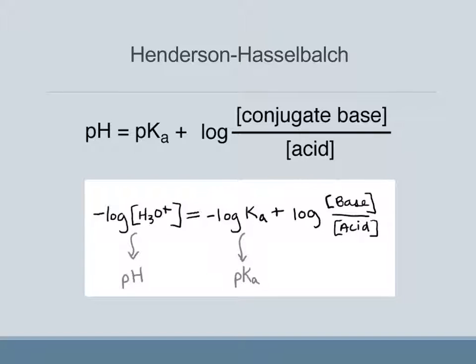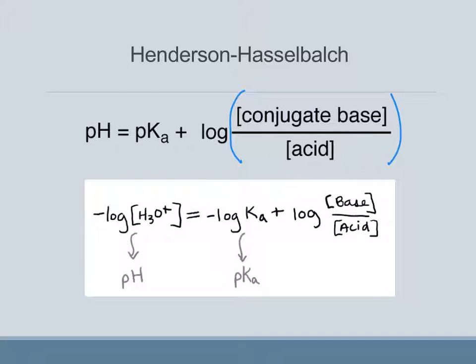The Henderson-Hasselbalch equation says pH equals pKa plus the log of the conjugate base concentration divided by the acid concentration. The log is of this whole ratio. When you know the conjugate base and the acid, you use the log function on the calculator, add it to the pKa, and you get your pH.